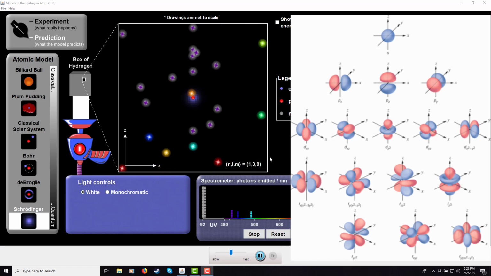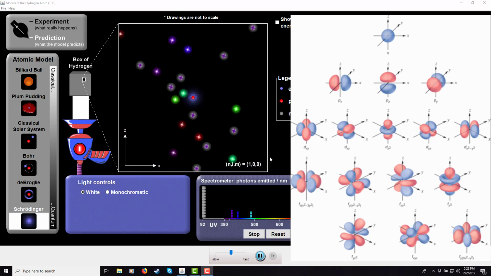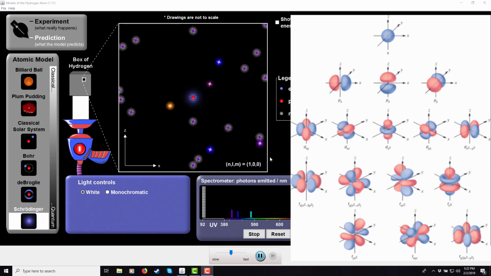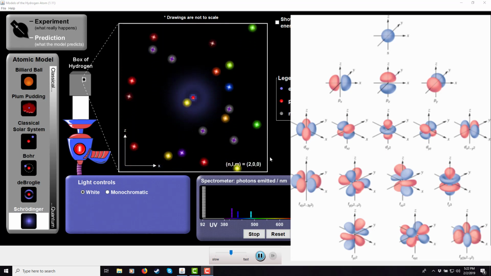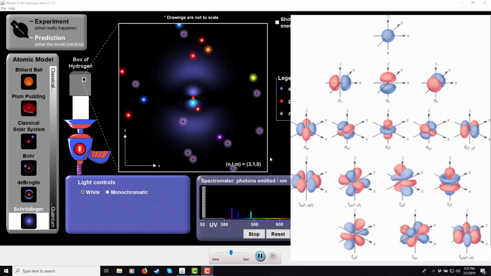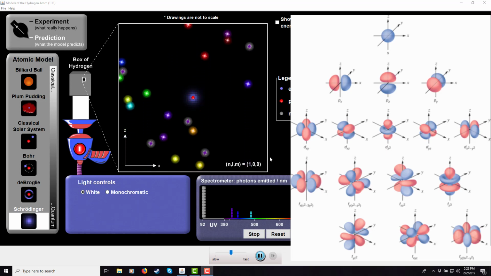So you get 3 different P orbitals, and it's not like you get one of the 3, you get all 3. So you'll have electrons hanging out in any of these locations, or if it's what would become an excited state, these can be empty. These are just regions in space where the electron can be if it is properly energized for that.